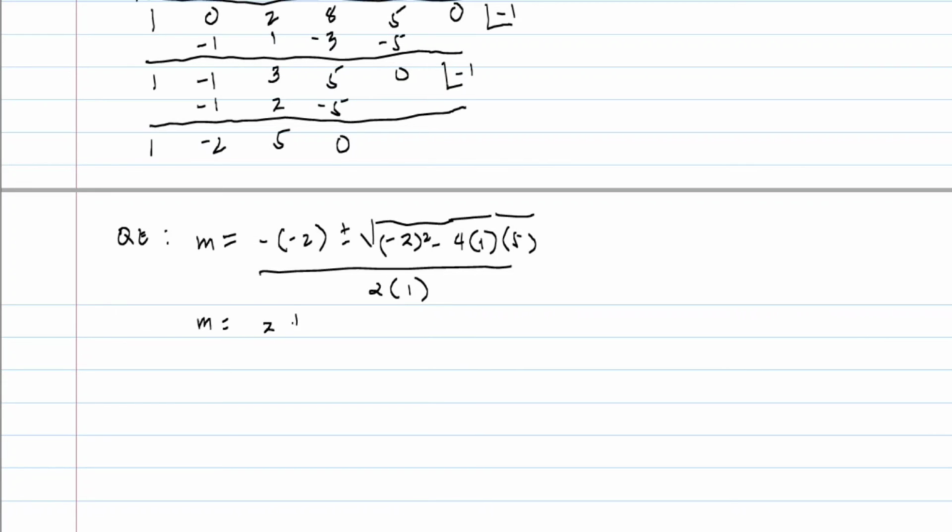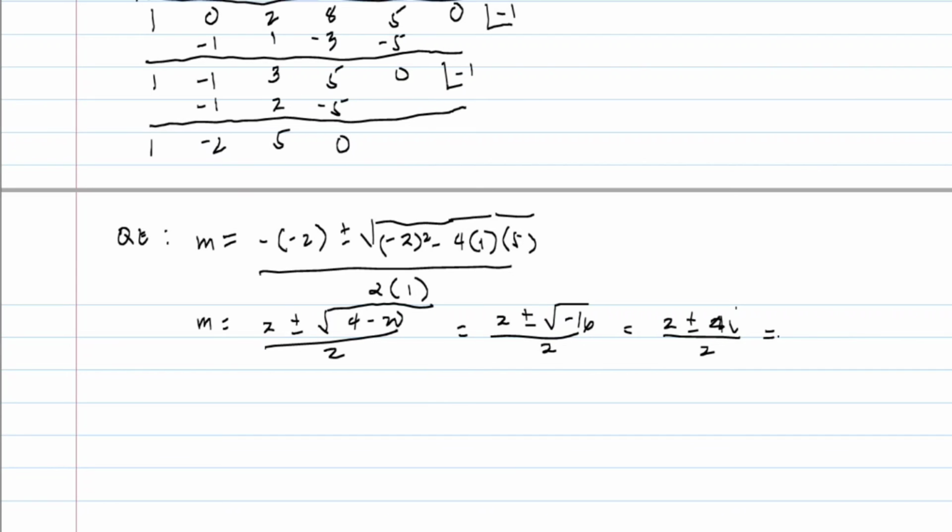So, we have 2 plus minus square root of 4 minus 20 over 2. So, that is 2 plus minus square root of negative 16 over 2. Ayan. So, we have 2 plus minus 4i over 2. So, finally, ang sagot natin is 1 plus minus 2i.